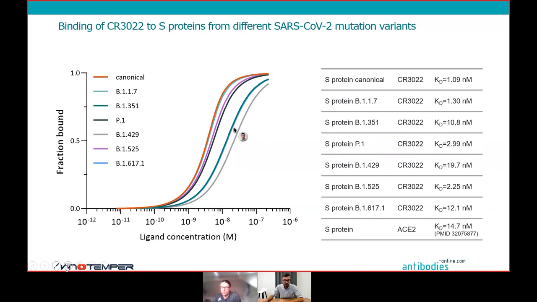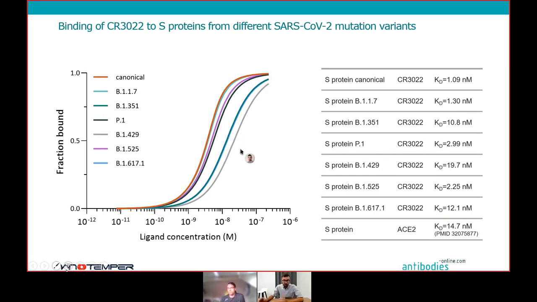Then there was an even larger gap, and three more variants showed a factor of 10 to 20 weaker binding: the B1351, the variant that originated in South Africa, the B1617.1, the Kappa variant originally from India, and the B1429. That was very interesting because these last two share the mutation at position 452, which is also the mutation that the Delta variant has. So one could guess that the Delta variant might also show weaker binding.